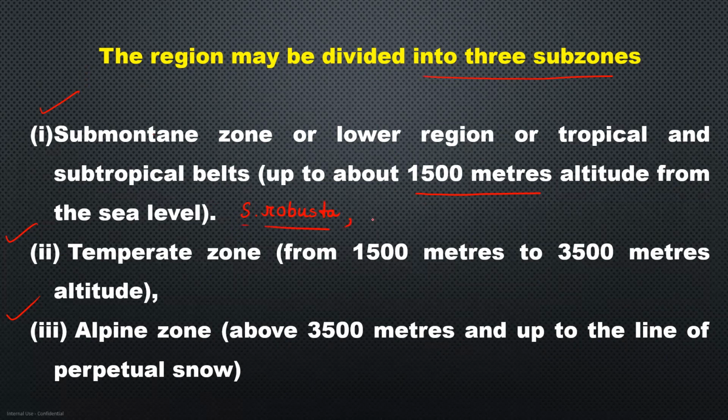Shorea robusta. Then you have Butea. Then Acacia. Then you have Ziziphus. Okay. Chir pine is found at a little higher altitude. Other than that, you also have Dalbergia, Pinus longifolia, Pinus roxburghii.